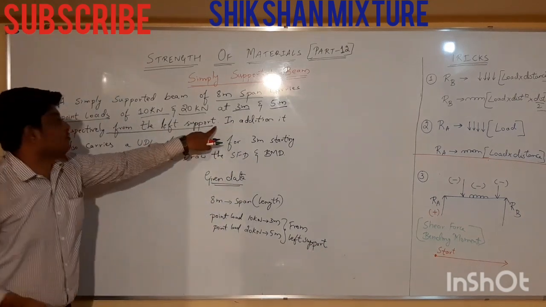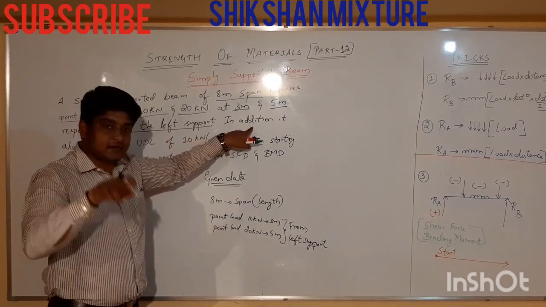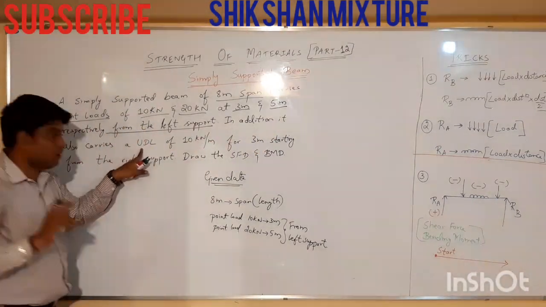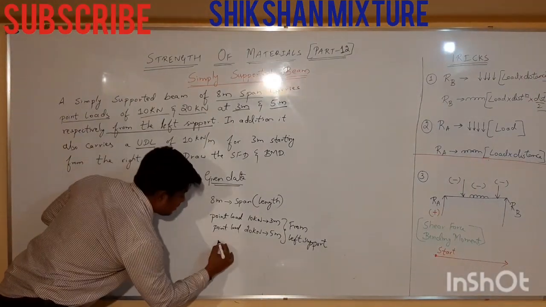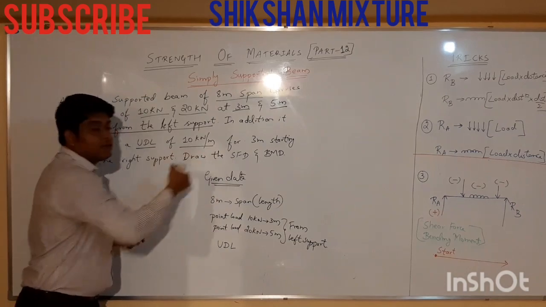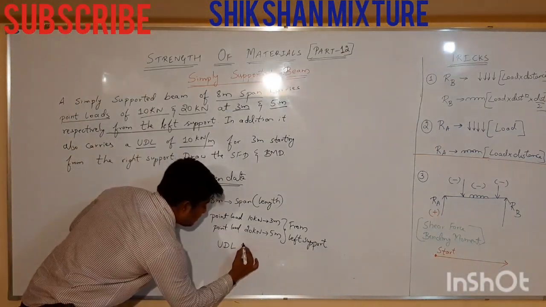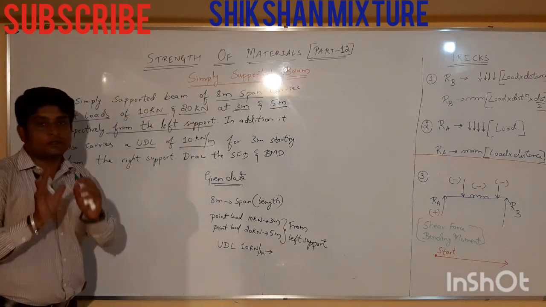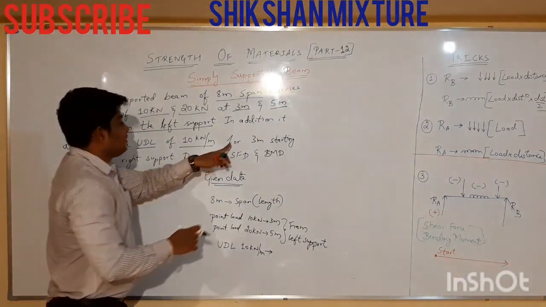Next we will read the question. Full point is that in addition it also carries UDL, that is uniform distributed load. How much is the UDL? 10 kilonewton per meter. We know the load, but where it is?